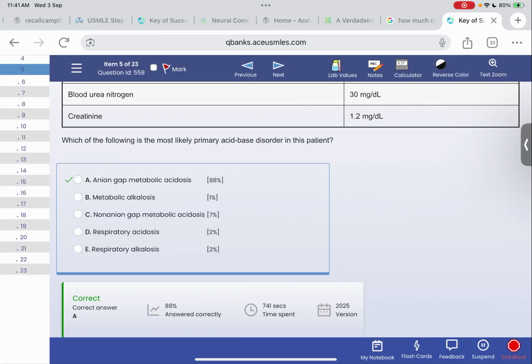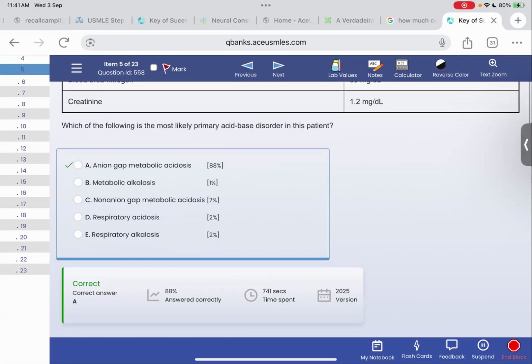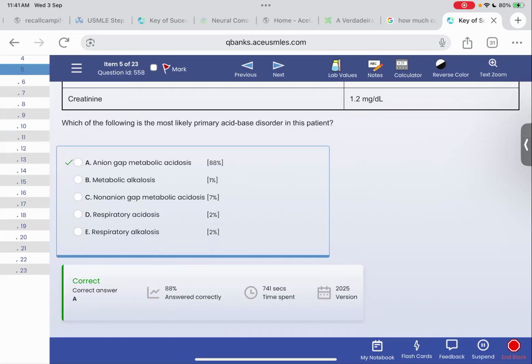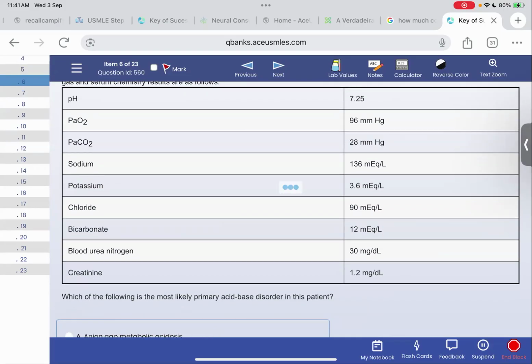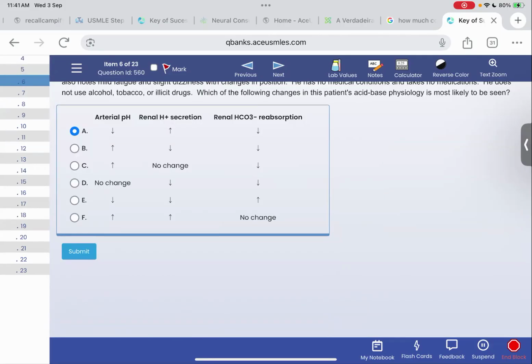If it is in the normal range, then there is no anion gap, so it is non-anion gap. If we have a gap, the gap will be more than 14. Okay, thank you. No problem.